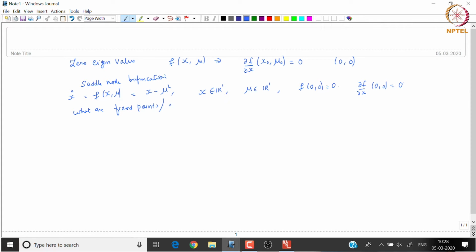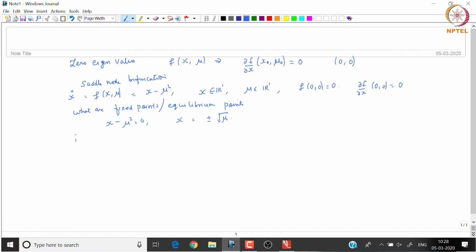You can also call this, what are the equilibrium points. Okay. And it is easy to check that this occurs when mu minus x square equals 0, or the fixed points of this system are x is plus minus square root of mu. Okay.